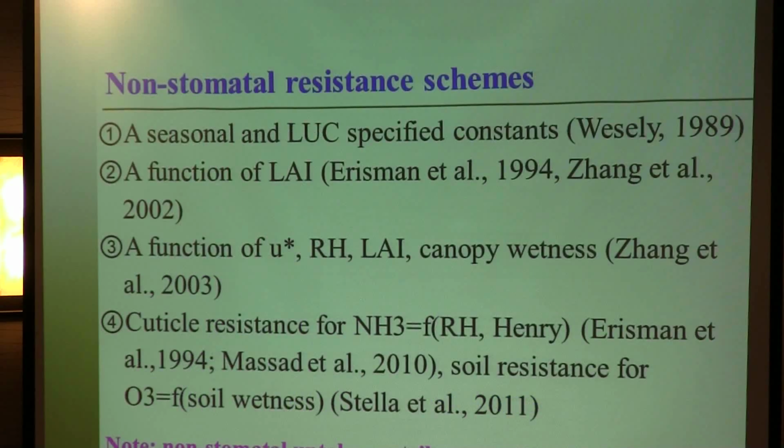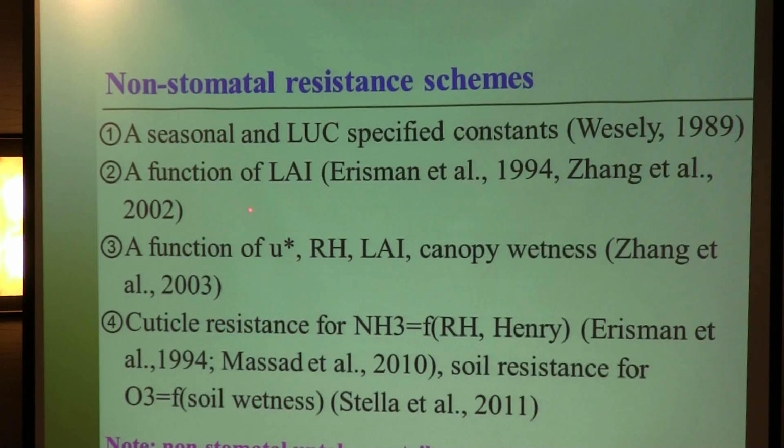That's the basic concept. For the non-stomatal resistance, the earlier models were very simple. They just used an empirical constant for different land use categories.